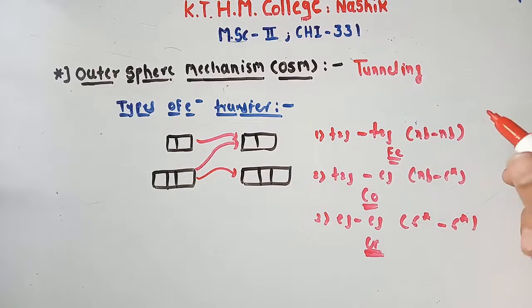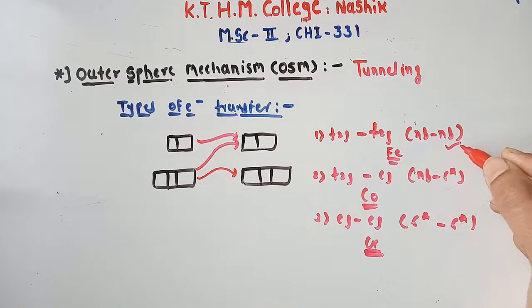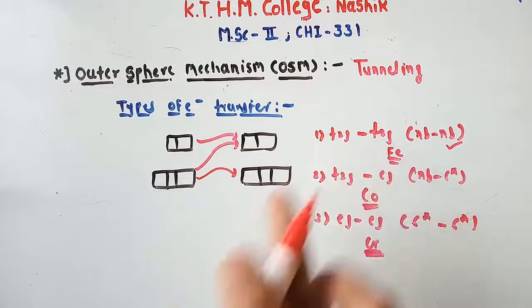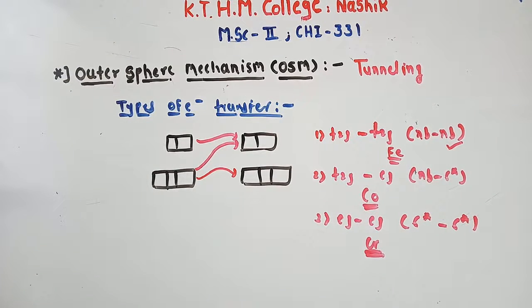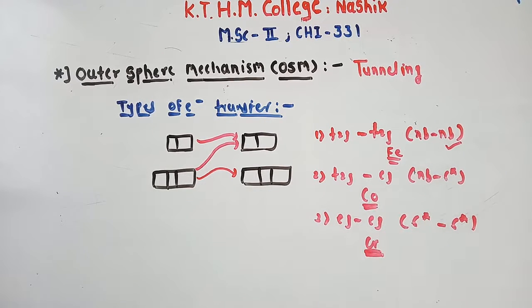But the most appropriate condition for transfer of electron is T2g to T2g, after pi star to pi star, because there is no electronic repulsion in such a case. So obviously the rate of electron transfer for the outer sphere mechanism is fast in this case.